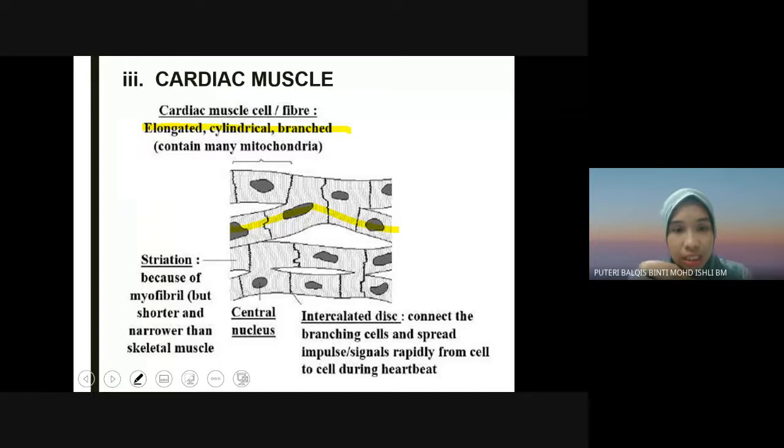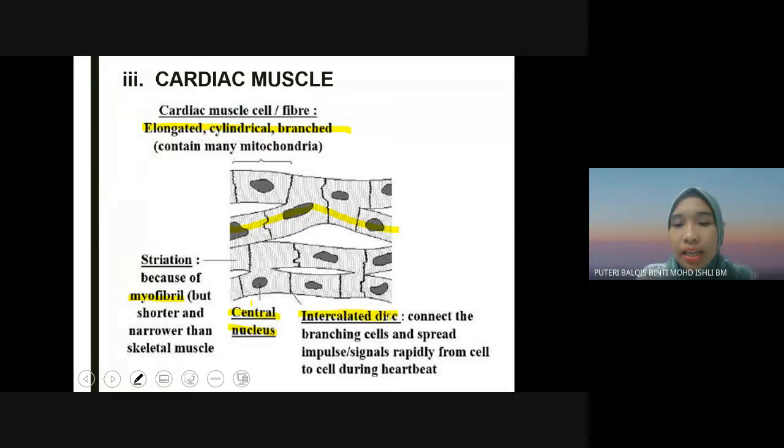Itu branching. Dia juga adalah striated because of myofibril, but shorter and narrower than skeletal muscle. It also has a central nucleus. Nucleus duduk kat tengah.